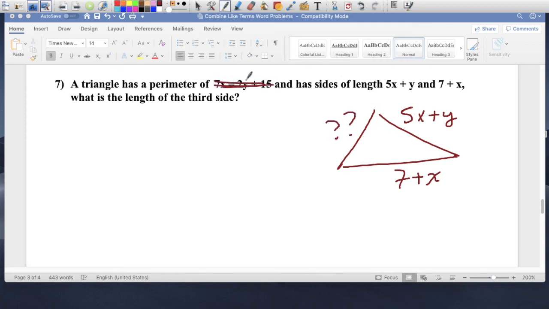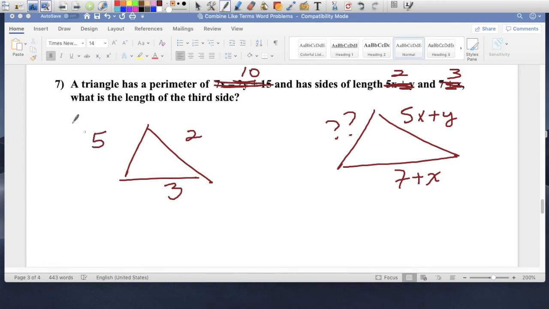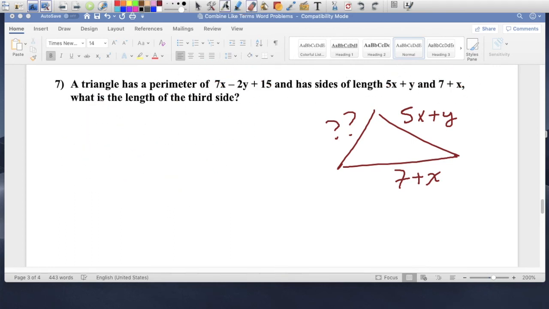But like I told you in the other problem, if you have a triangle where this was 2, this was 3, and I told you the total perimeter is 10, you would do 10 minus 2, and then minus 3, and you would get your missing 5, right? That gives you your missing side. But this is exactly the way I want you to approach it, but with an algebraic expression.